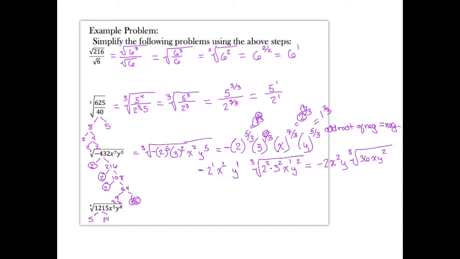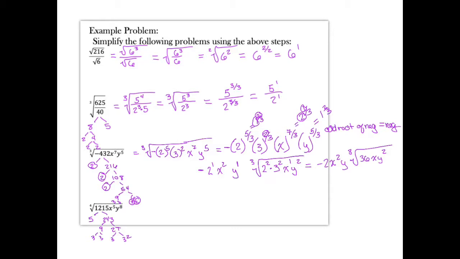And then this is divisible by 3. Actually, it's also divisible by 9. So let's go ahead and make these numbers smaller. So 243 divided by 9 is equal to 27. This is 3 times 3. This is 3 times 3 squared, 3 times 9.